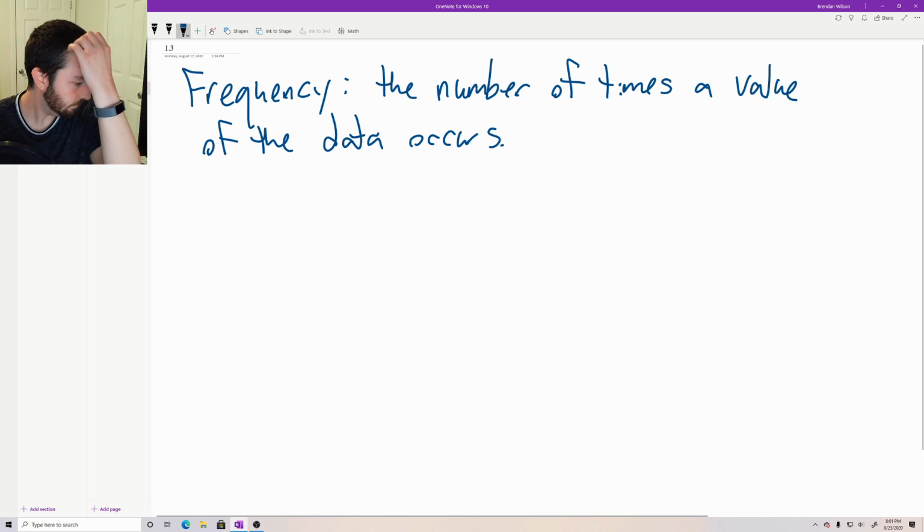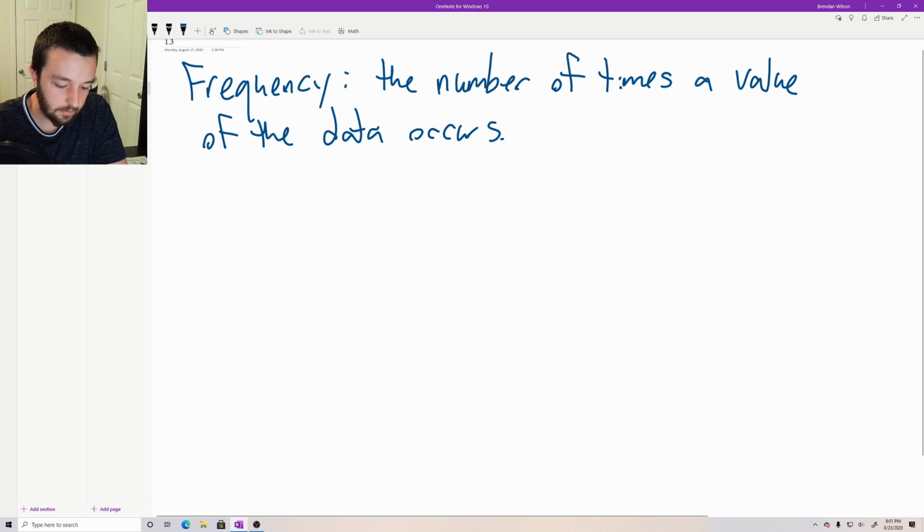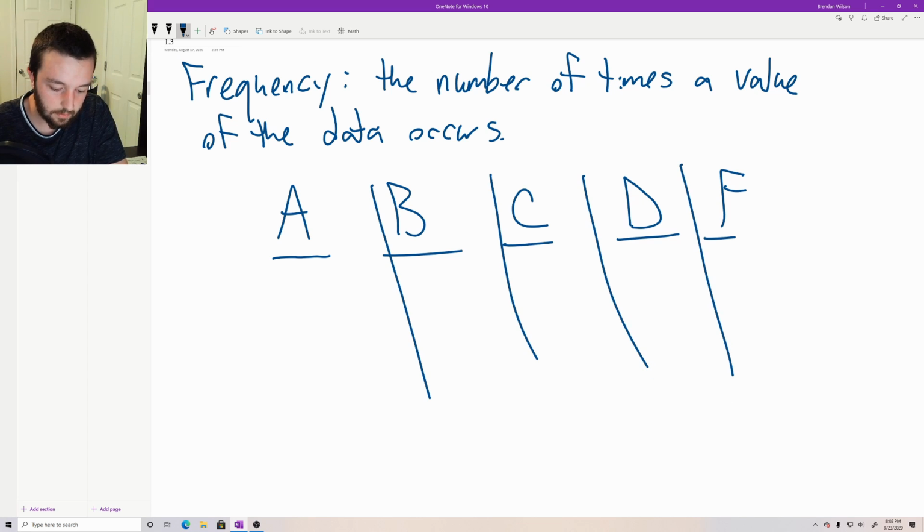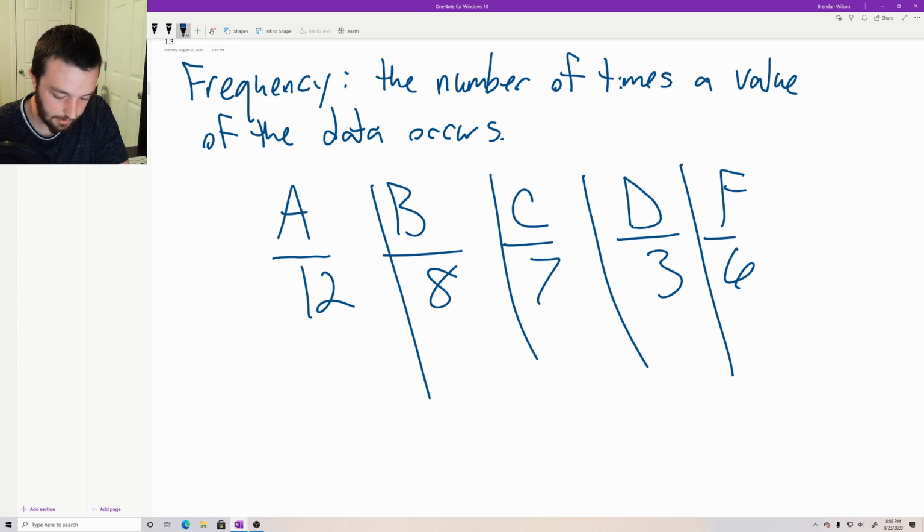Okay. So, for example, if we have in a class, with the grades of a class, say 12 A's, 8 B's, 7 C's, 3 D's, 6 F's. Then the frequency of A would be 12, and the frequency of D would be 3. So it's just how many times does this one occur? Okay.